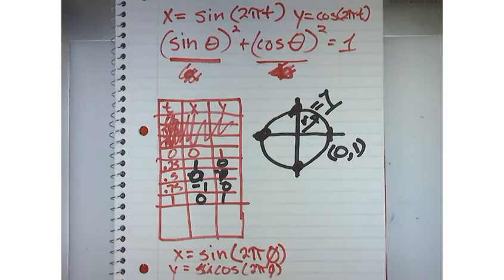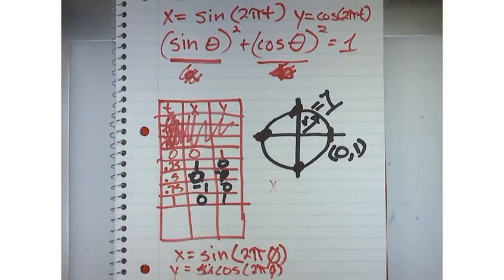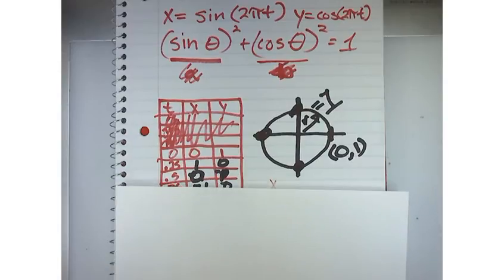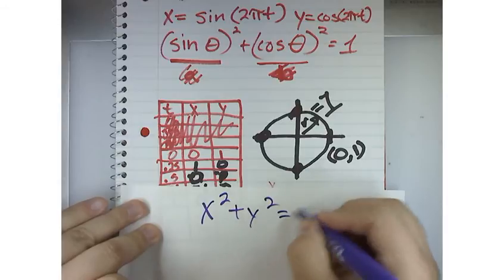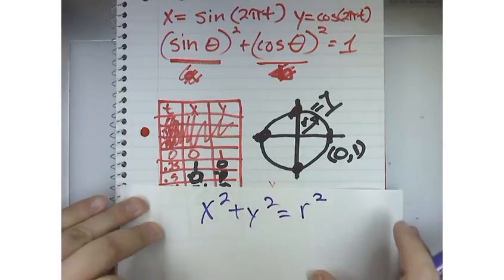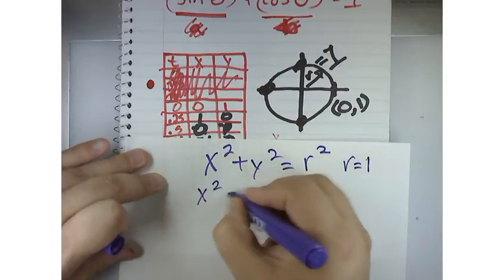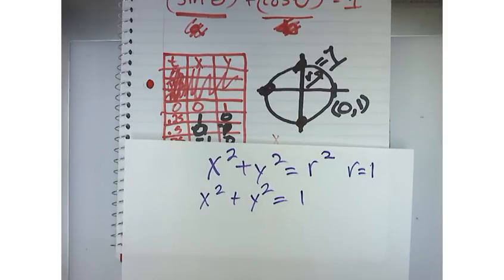So the equation of a circle with a radius of 1, if I write this out, should be x squared plus y squared equals r squared, right? But we think that r, the radius, is equal to 1, so I should have x squared plus y squared equals 1, right? Yes. So what does x equal?